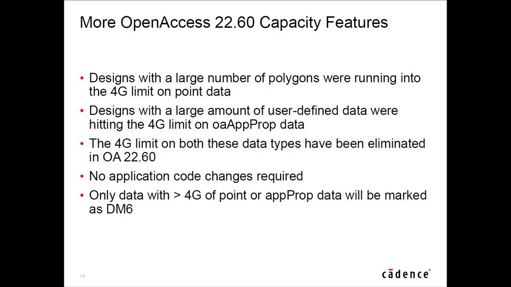So we've eliminated that limit on both of these data types, and they now can access tables that, instead of a 4 byte wide index, can use up to an 8 byte wide index. There are no application level changes to enable this. This is all internal to Open Access.